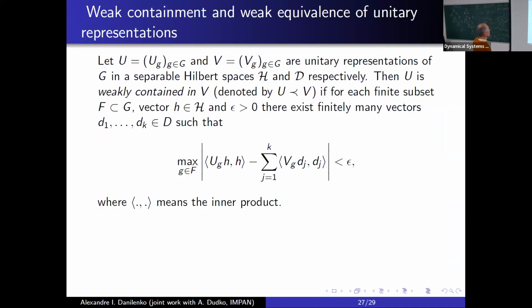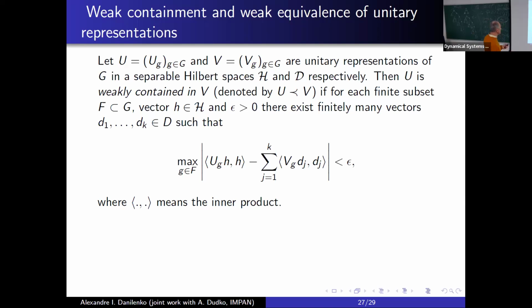Next, let me remind you of the concept of weak equivalence of unitary representations. Suppose we have two unitary representations of the same group. They are representations in Hilbert spaces H and K, respectively.